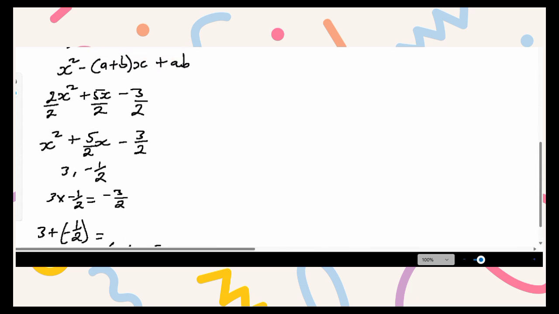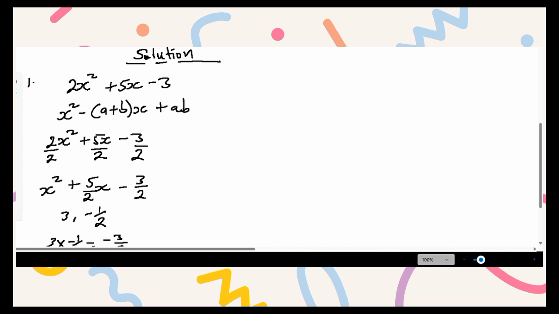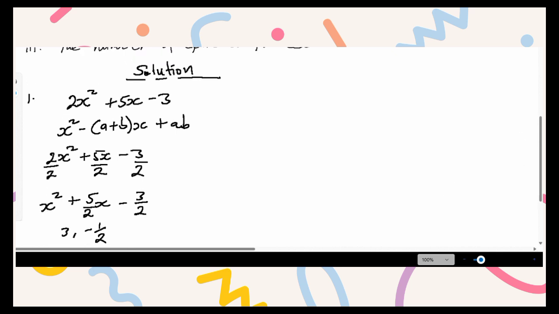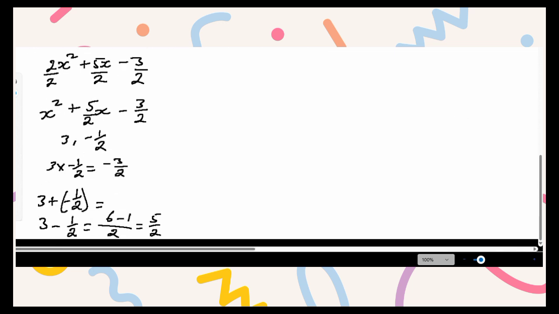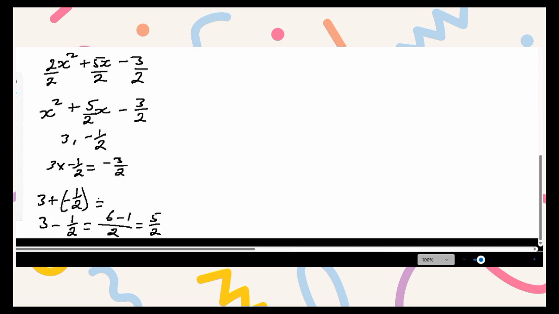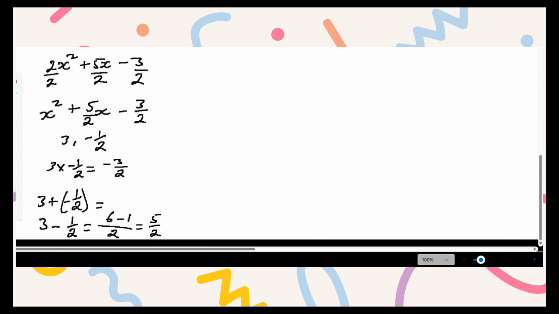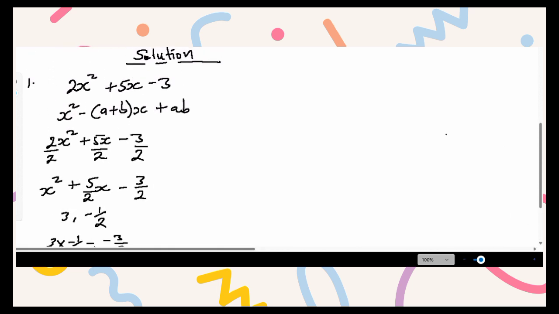So upon obtaining that, what we want to do next is, since when we add the 3 and the minus 1 over 2, we get 5 over 2 as the coefficient of x, then in place of the 5 over 2, we are going to write 3 plus minus 1 over 2, all times x, then minus 3 over 2, right?